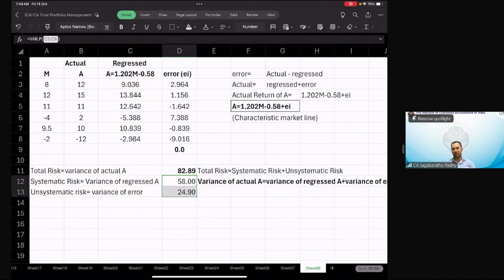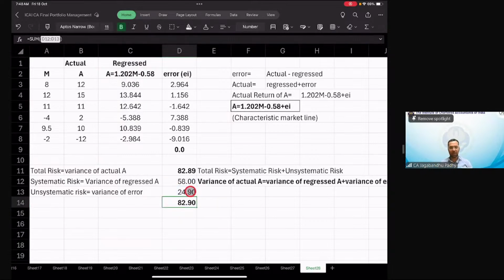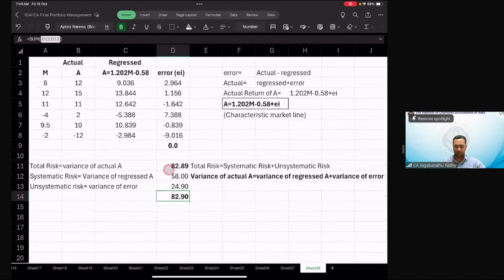The total of these two is 82.9, almost exactly the same. So we found that variance of A will be equal to variance of the regressed term plus variance of the error term. So it is very much true that total risk will be equal to systematic risk plus unsystematic risk.